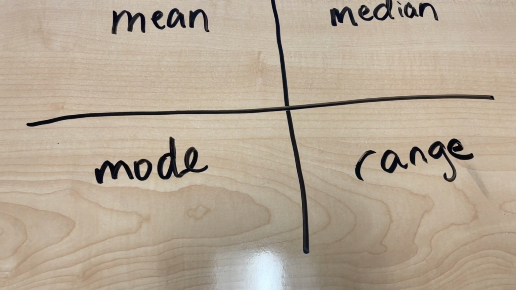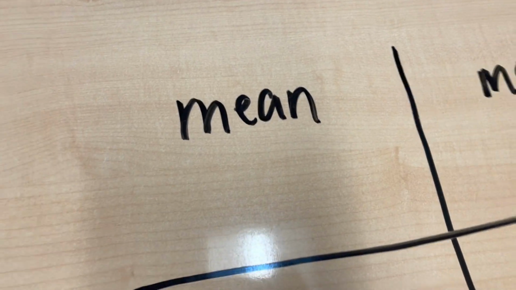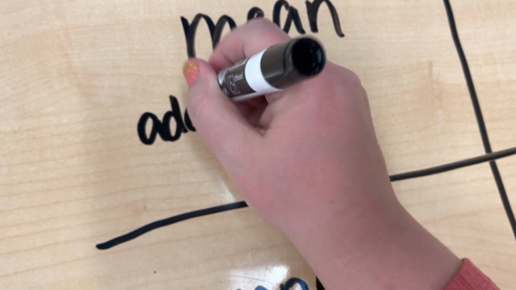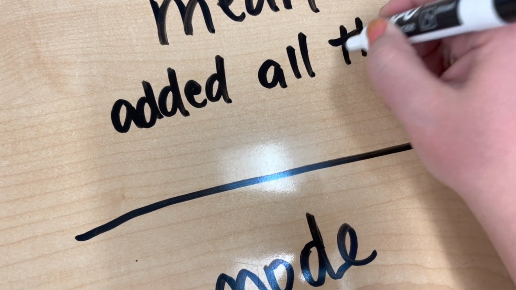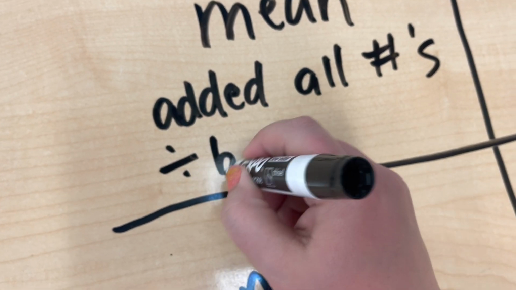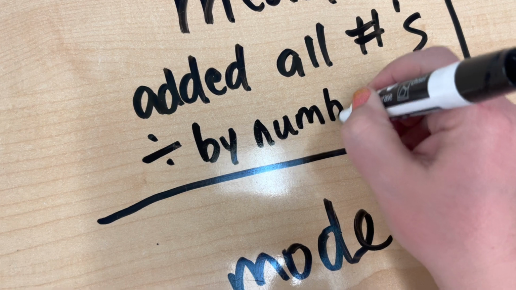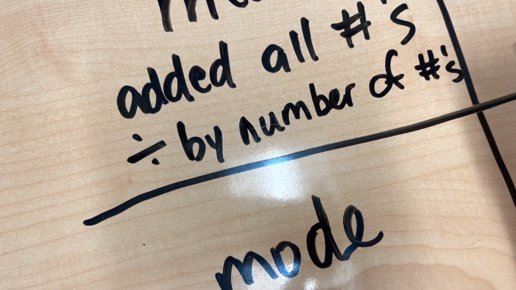Now let's talk about how we found all of these things, okay? So when we did the mean, we added all of our numbers, and then we divided by the number of numbers, right?